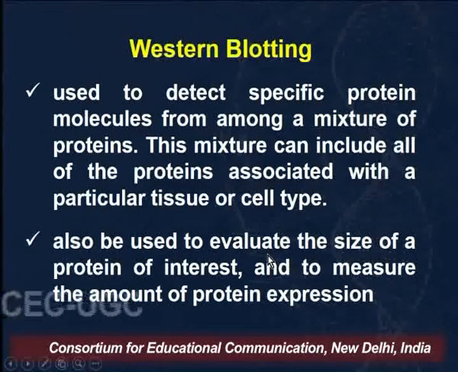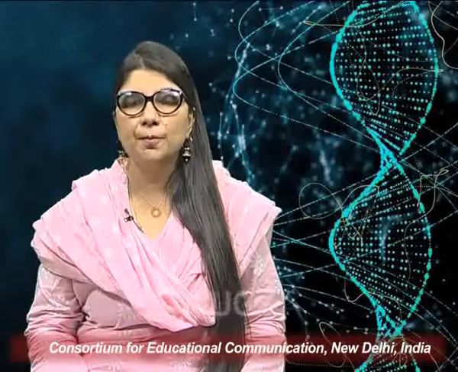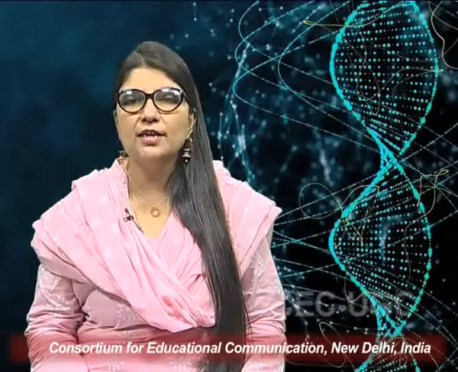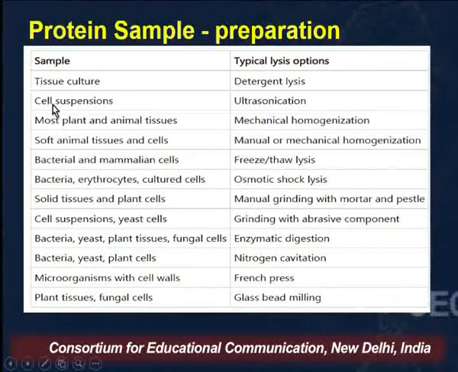Now, how do we get this protein sample and how do we prepare it? So, the preparation and the isolation. As you can see on the left hand side, there are different types of tissues from where the protein samples can be isolated. The total protein can be from a bacteria, or from a type of cell.